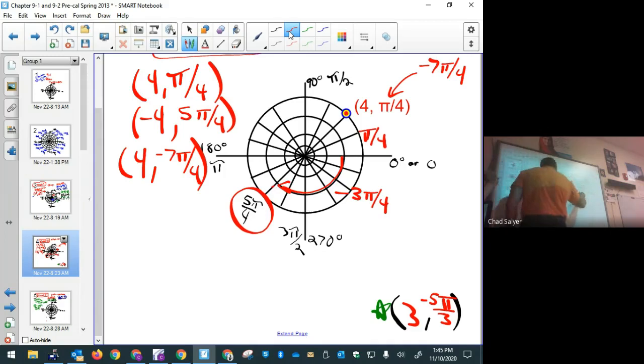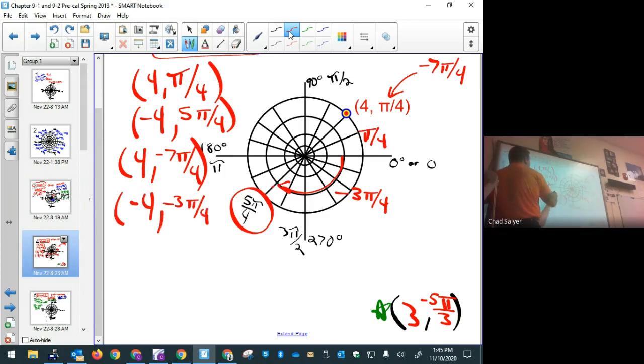The negative angular pathway to get to that same terminal ray is negative 3 pi over 4. So I can say (negative 4, negative 3 pi over 4). So there are my four polar ways to express that point.